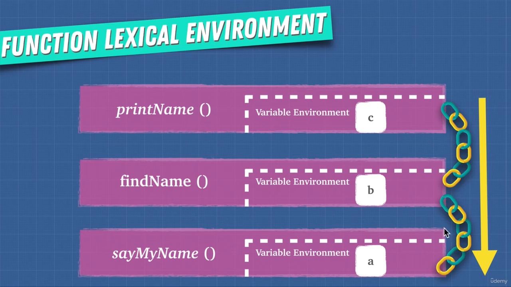And then it's going to go into the sayMyName variable environment. It says, hey, is C here? Nope, keep looking. And then it goes into the global environment. It says, hey, is C there? Nope. So it gives us a reference error. I have no idea what you're talking about. You're doing something strange here. I'm going to throw an error.